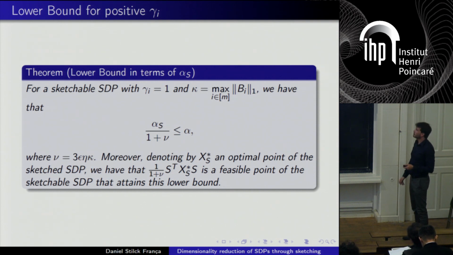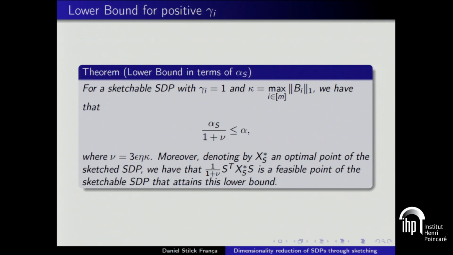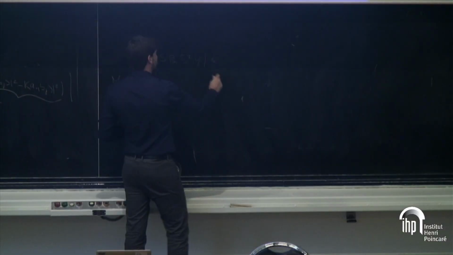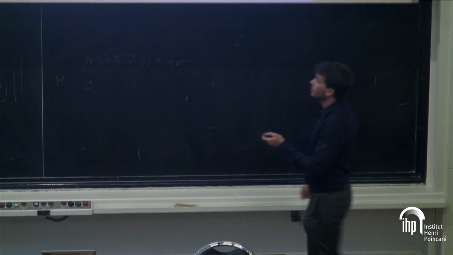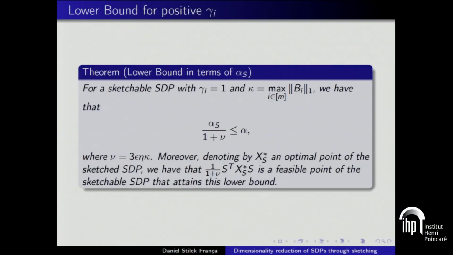And again, the proof is quite simple. It's just exploiting the cyclicity of the trace again. So what will we do here? When we look at the sketched SDP, we are just looking at constraints of the form S Bi S transpose, Y smaller equal 1 plus eta, because eta is exactly what we need to perturb our SDP with to get that to preserve feasibility.